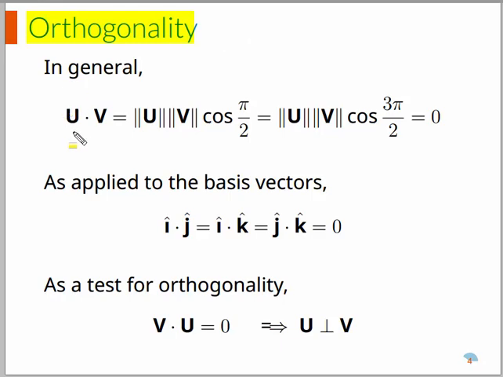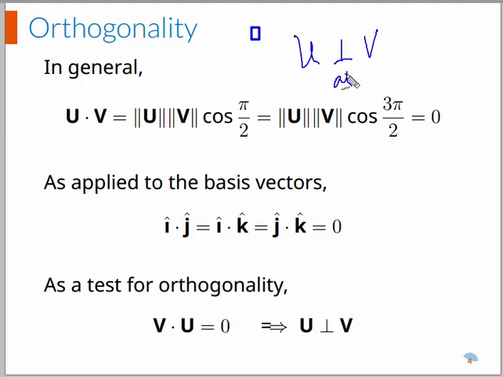So if you have 2 vectors that are orthogonal, u is perpendicular to v.